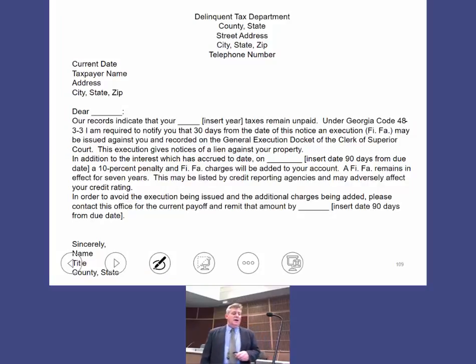And at the end of 30 days, if the tax bill has still not been paid, a FIFA can be issued. This is just an example of a 30-day notice of intent to FIFA. It just informs the taxpayer of the amount of tax that's delinquent and the amount of tax that is owed, and that a FIFA is going to be issued if the tax is not paid within 30 days.